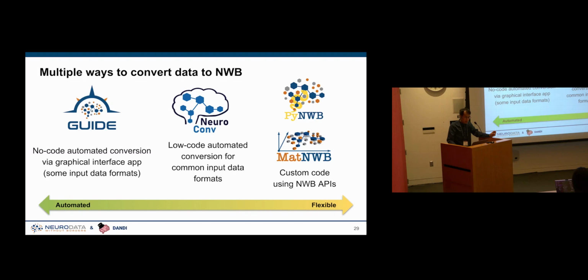And if you have custom formats that are used in your lab, custom NumPy files or MATLAB or Excel files, or you're working with data that isn't supported by the NWB standard, you can use our core NWB APIs, PyNWB for Python, MatNWB for MATLAB, and some of you are already using these for reading data. You can also use it for writing data.